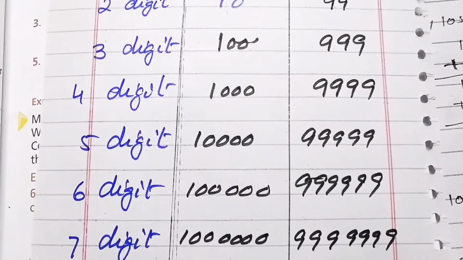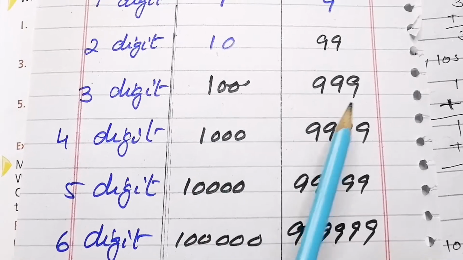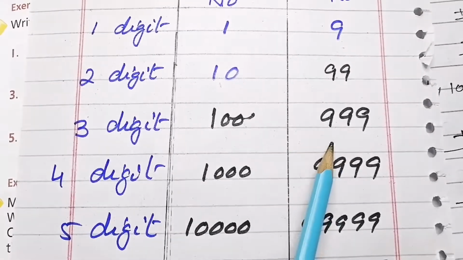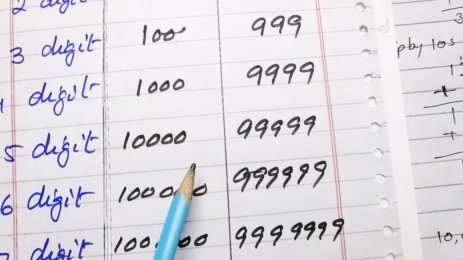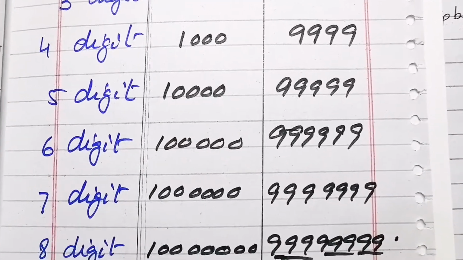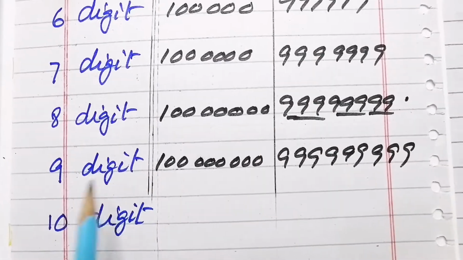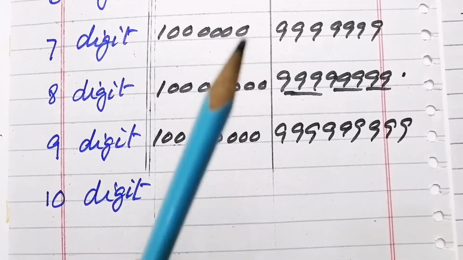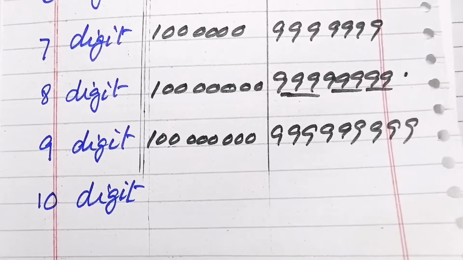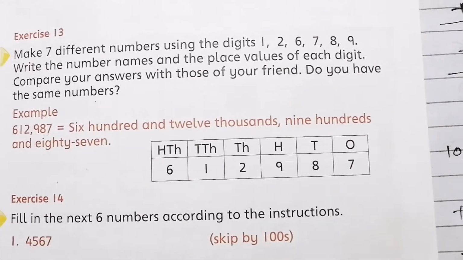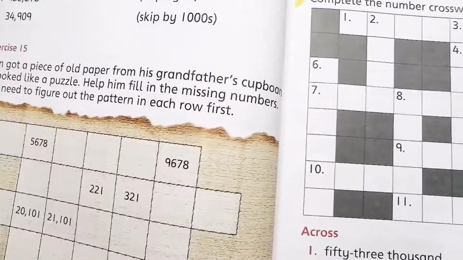The 3 digit smallest number is 100, and the greatest number is 999. Similarly 4 digit, 5 digit, 6 digit, 7 digit, 8 digit, 9 digit numbers. You can see that, and this is very important. You have to learn this, right?